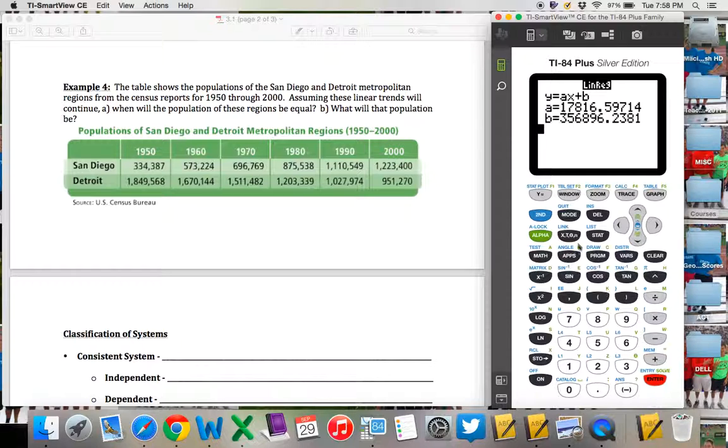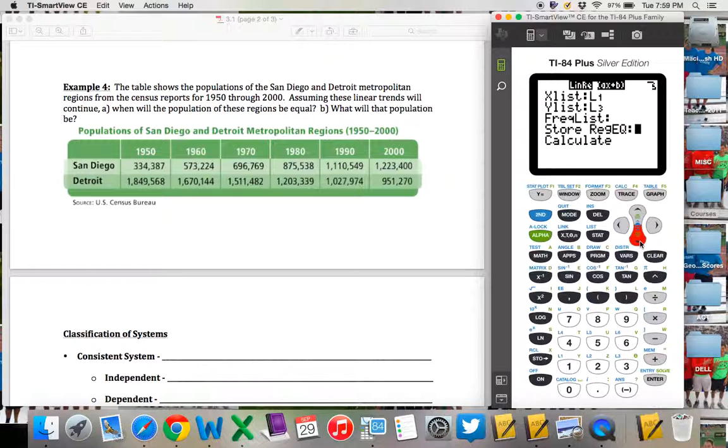All right, well, we want to do it again. So stat calc 4 again, but this time I want to change my Y list to L3, because L3, remember, represents Detroit. So second, and hit the number 3 key because that's L3.